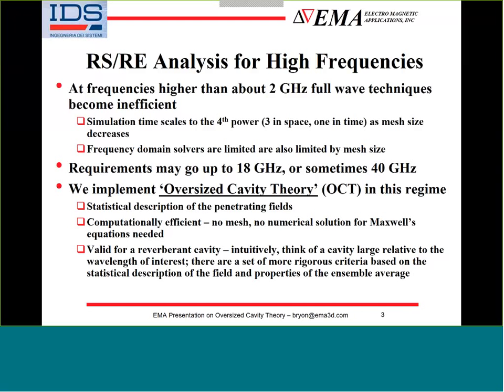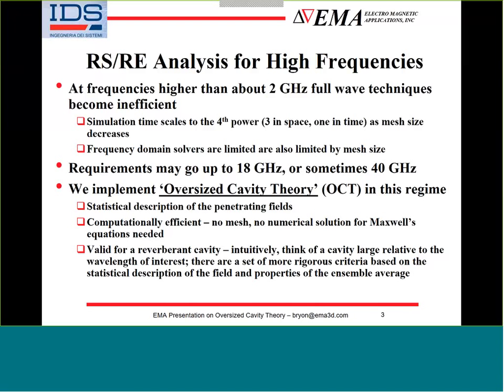In our minds, at EMA, the cutoff here is about 2 gigahertz for the analysis. So at frequencies below 2 gigahertz, we recommend a full wave analysis, and at frequencies higher than 2 gigahertz for this type of problem, we recommend the oversized cavity theory or power balance method.